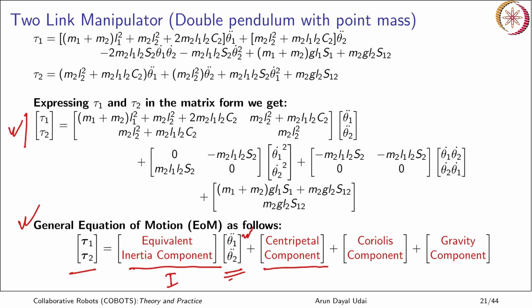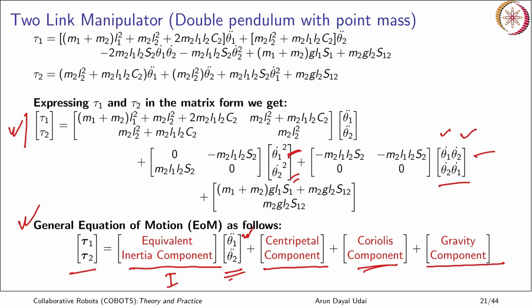As you see, it is I omega square, it has the dimension of that only, with the omega square terms which are here. The third term is the Coriolis component, which has theta 1 dot into theta 2 dot. So those terms are here, that is the product of angular velocities term.